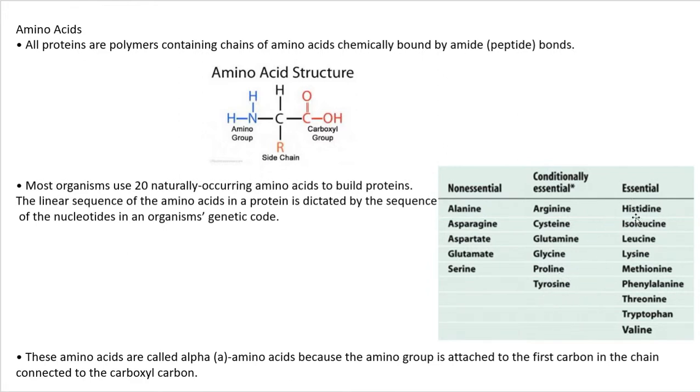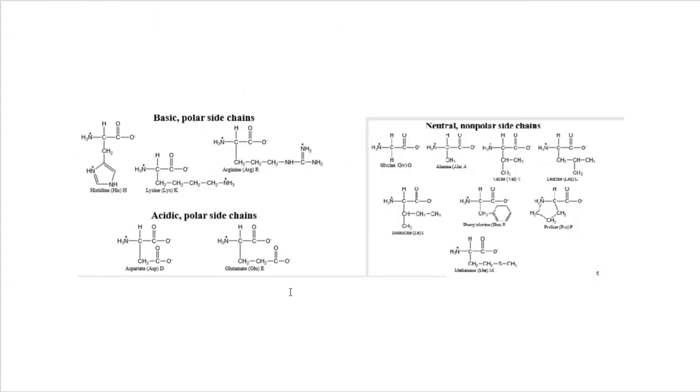The essential ones are histidine, isoleucine, leucine, lysine, methionine, phenylalanine, threonine, tryptophan, and valine. These amino acids are called alpha amino acids because the amino groups are attached to the first carbon in the chain and connected to a carboxylic carbon.